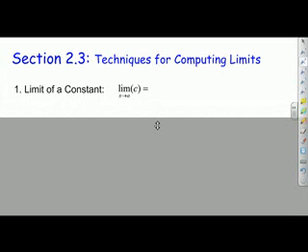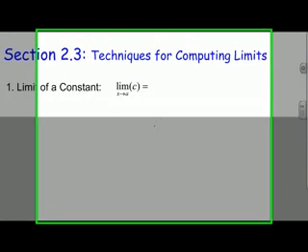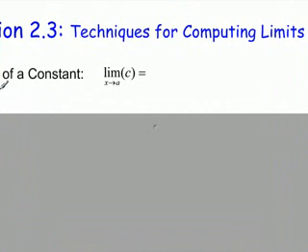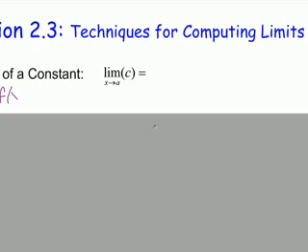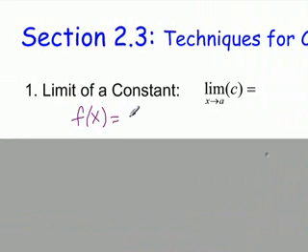The first one is the constant function. So let's consider a function f of x equal to some number c.